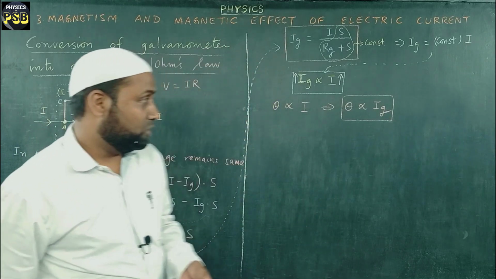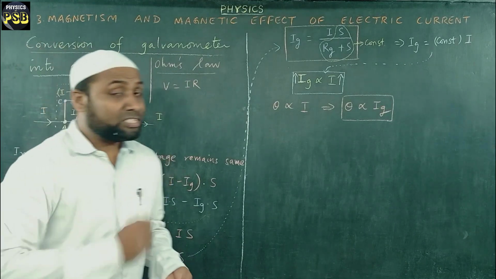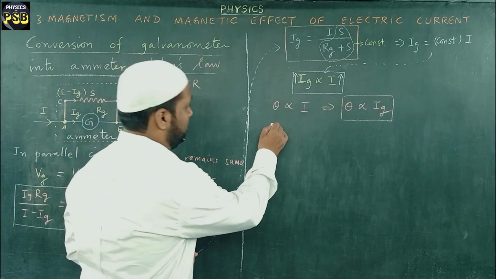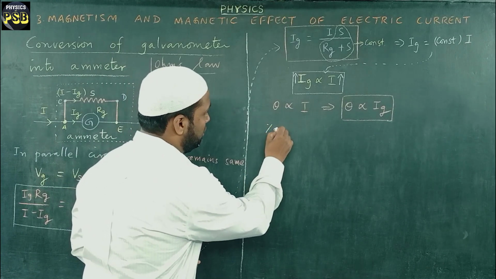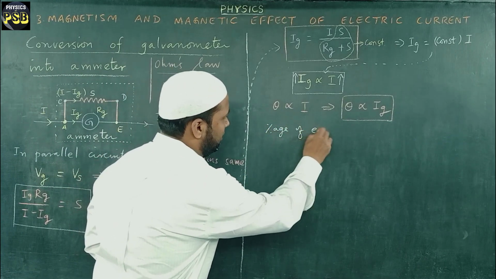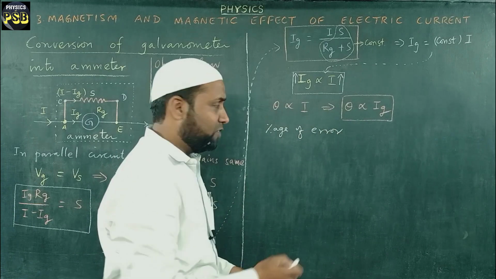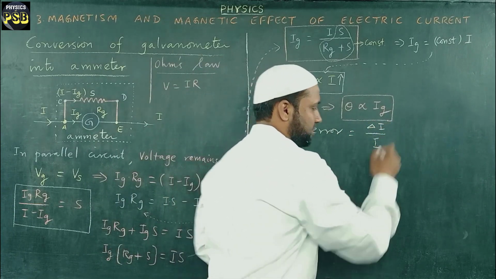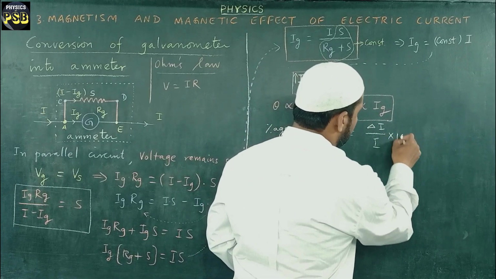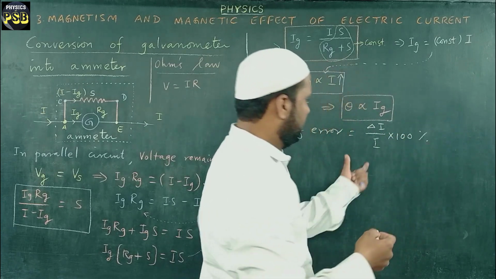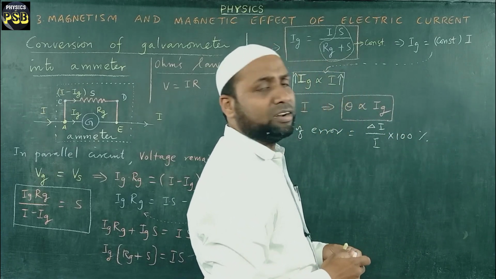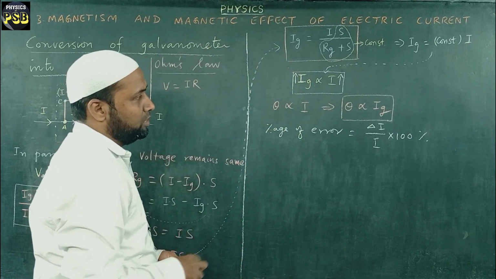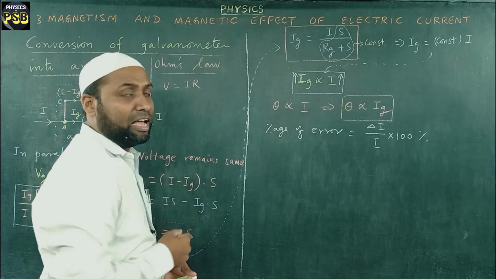Okay, so the percentage of error is given as delta I upon I multiplied with 100. Okay, this provides the percentage of error that we obtain in the measurement of current using an ammeter.